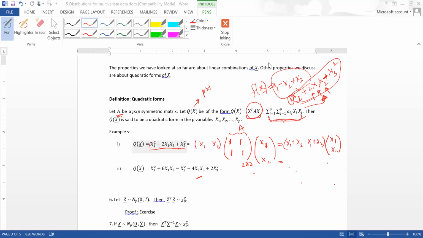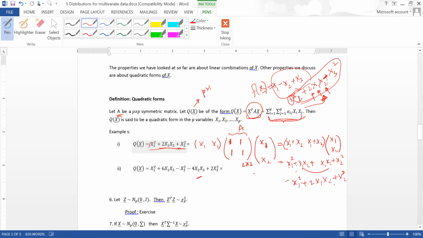So you get x1 plus x2 times x1: x1 square plus x1x2 plus x1x2 plus x2 square. So x1 square plus 2x1x2 plus x2 square.